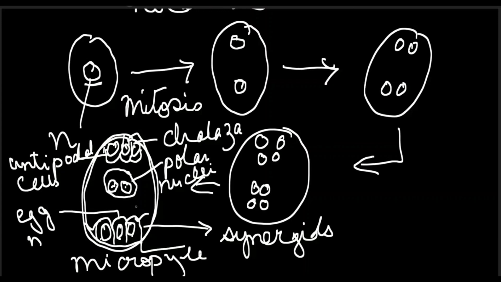At this stage we will be calling this the female gametophyte. Now this will be known as the female gametophyte. In other words, we can also call it the embryo sac. So now in this way we have learned how the female gametophyte, or the embryo sac, development takes place.